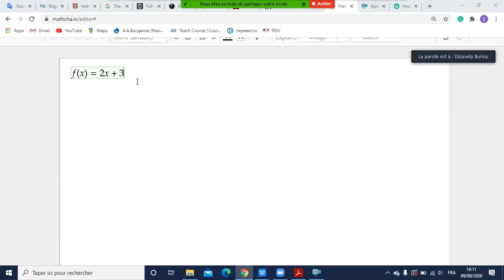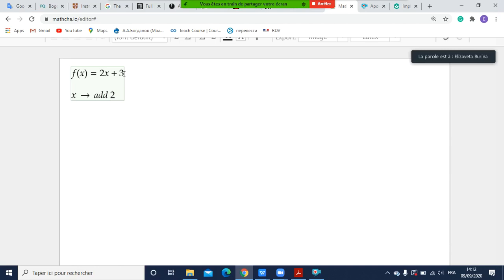So what is happening with this function? What does the function tell us to do with x? The function is saying, you take x, then you add 2.